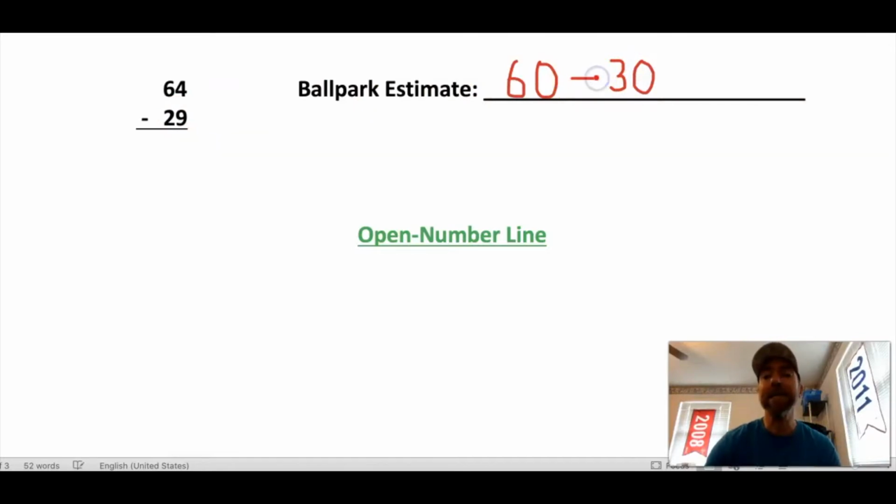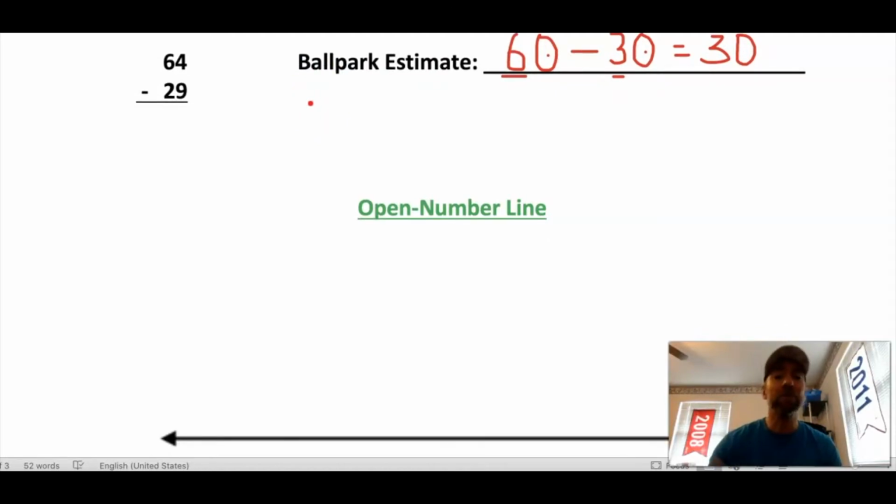Because I'm subtracting, it's 60 minus 30. Well, 6 minus 3 is 3. 60 minus 30 is going to give me 30. So my answer should be close to 30.